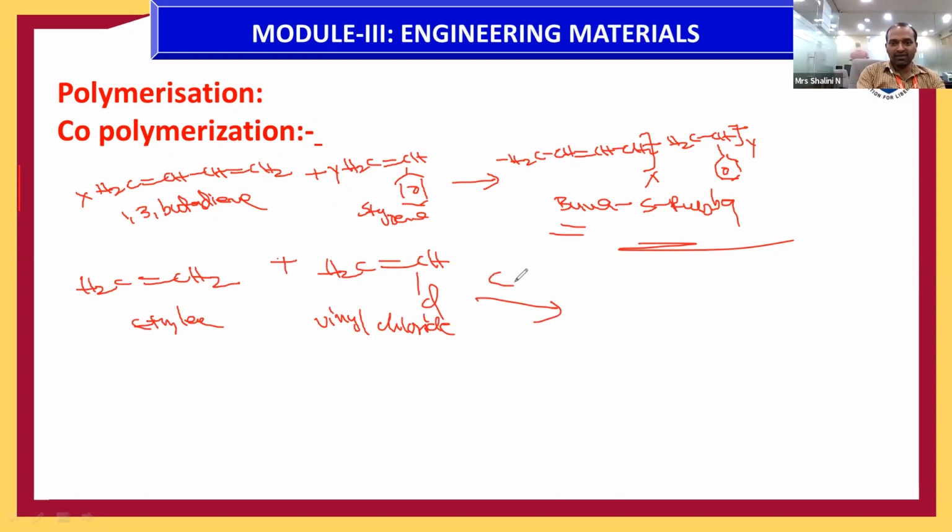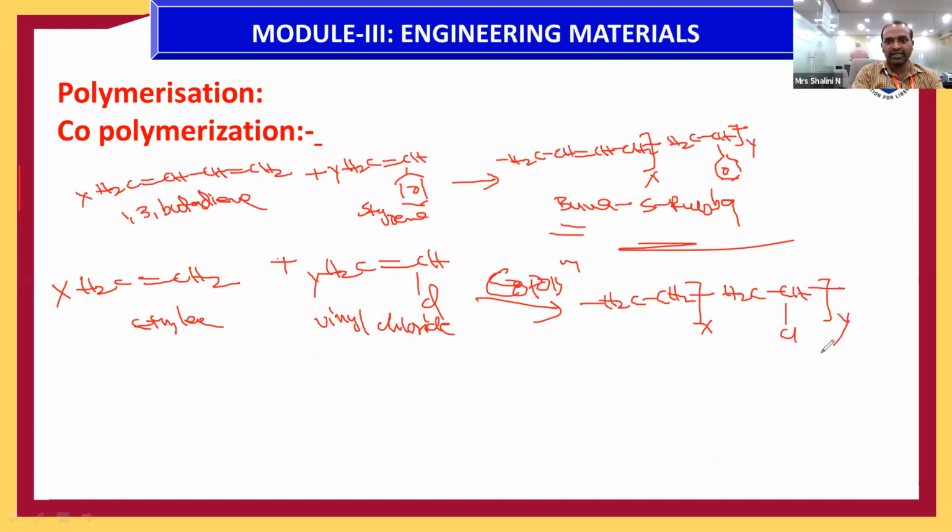X number of ethylene molecules and Y number of vinyl chloride molecules undergo copolymerization and form H2C CH2 taken X times and H2C CH Cl taken Y times. The name of this one is polyethylene co-vinyl chloride polymer.